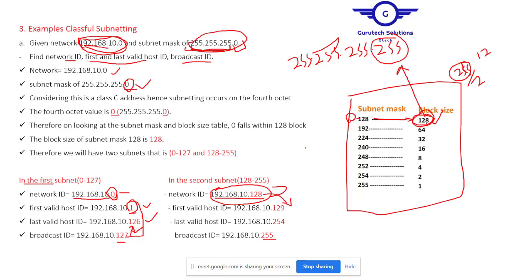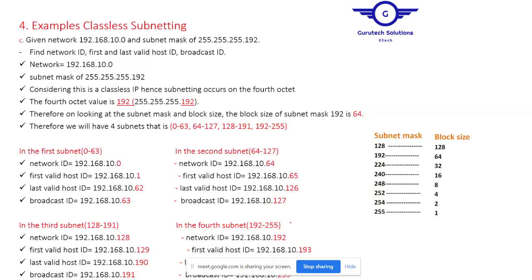But 256 is not applicable. It normally ends at 255. So 255 is the last one. Now for the last valid ID, you minus 1, you get 254. Something like that. But we're going to understand them better when we handle a lot of problems. So I move on to the next problem.